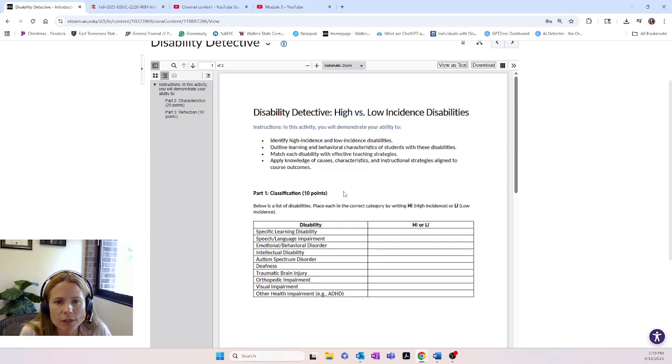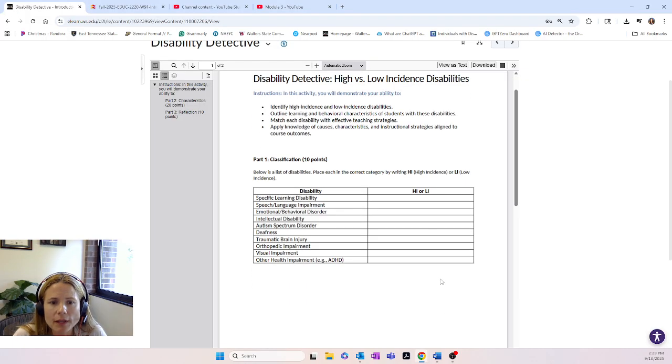You're going to outline the learning and behavior characteristics of those two categories of disabilities. Then we're going to match the disability with the effective teaching strategy for that student. And then we're going to apply this with our course outcomes by completing what we call a reflection piece. So, let's go through each part.